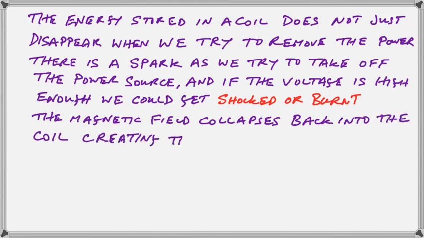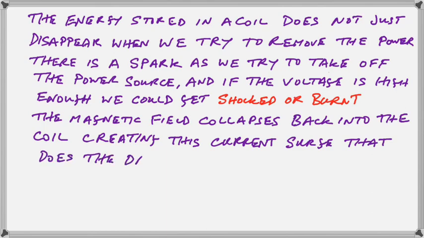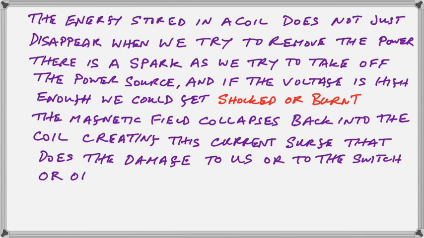Or we can actually destroy electric components in whatever this thing is used in, unless we take steps to avoid that happening. In the same way we use resistors to reduce the discharge current of capacitors, there are things that we can use to prevent damage and to slow down the removal of the energy out of the coil when we take the power off.